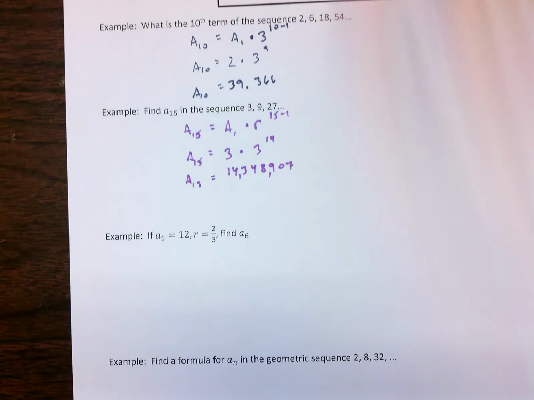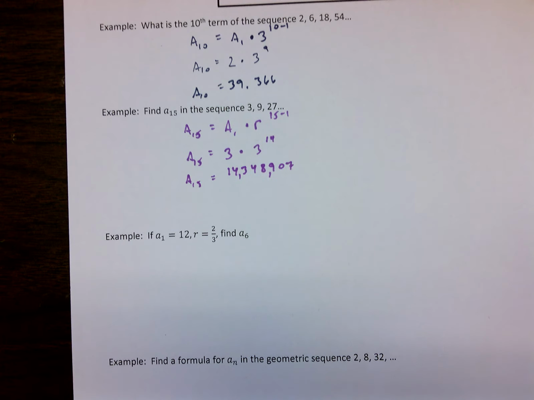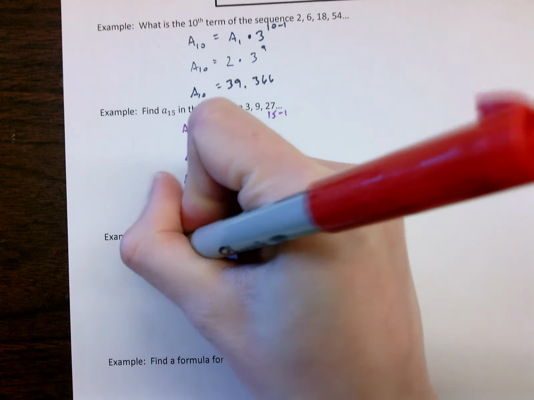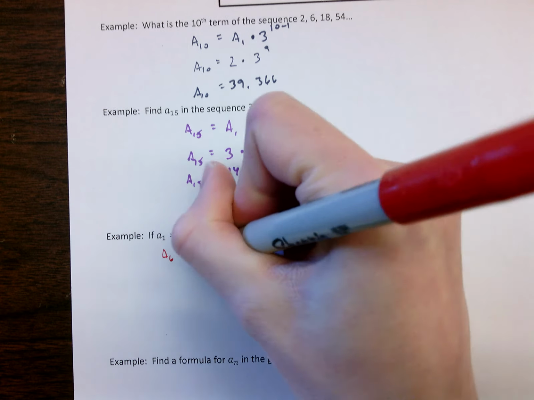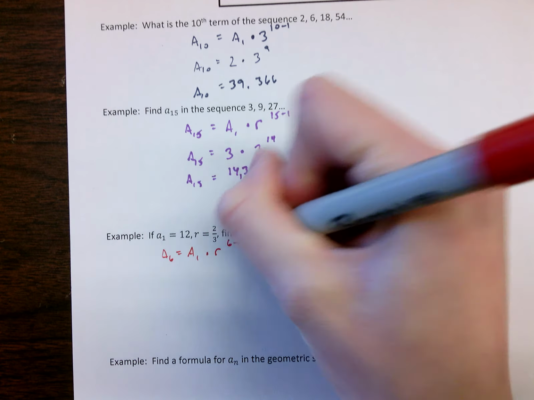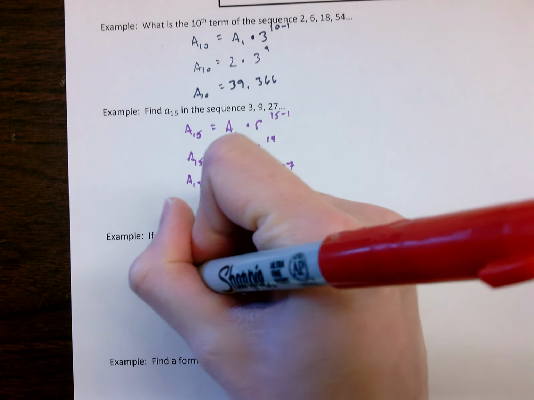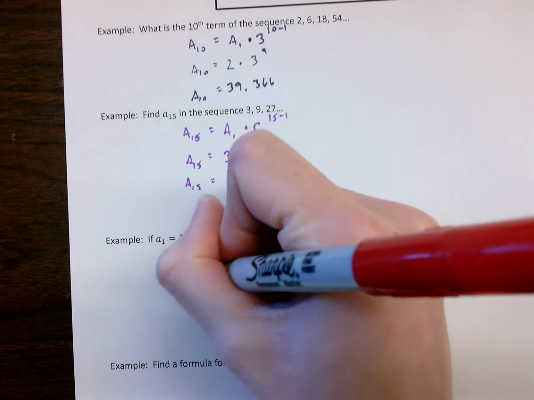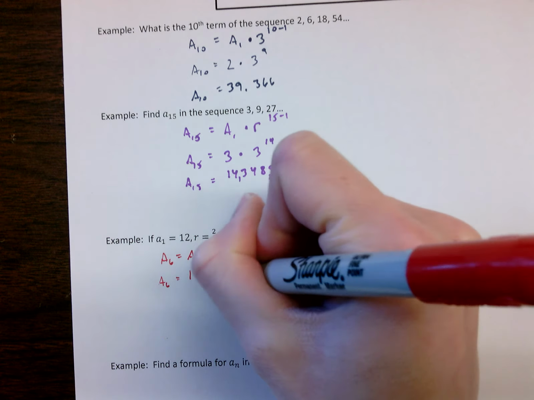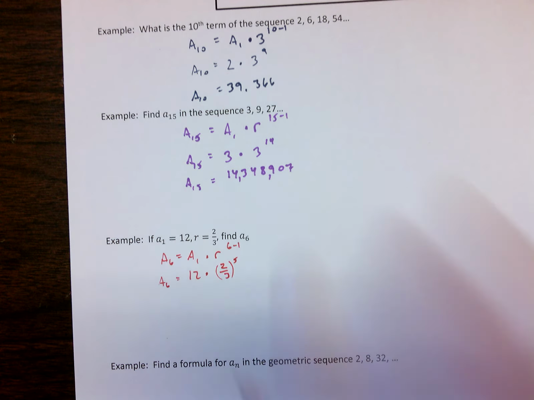All right, this one, we have the first term, we have the common ratio, we want to find the sixth term. Well, to get to the sixth term from the first term, I'm going to multiply by my common ratio 6 minus 1 times. So a sub 6 is going to be 12 times 2/3 to the 5th power.